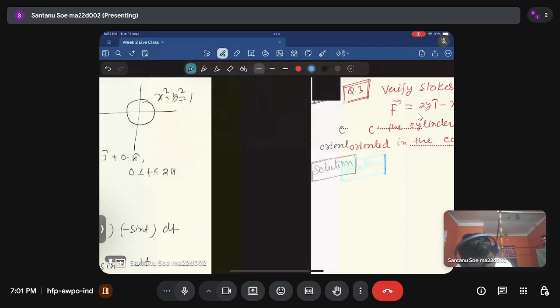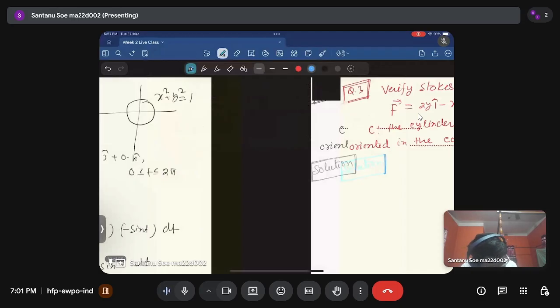Okay, so this is the surface integration over S of curl F dot n cap dS. So this is just the integration of minus 3 root 2 into root 2 dx dy. So this is minus 6 times the integral of dx dy.